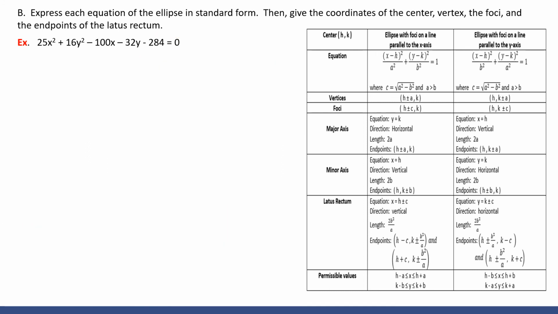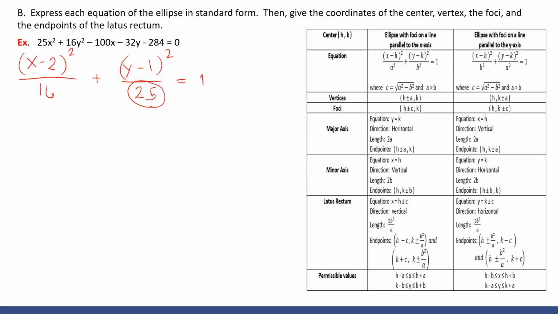From our equation na nakuha kanina, sabi natin, it is x minus 2 quantity squared all over 16, and then plus y minus 1 quantity squared all over 25 is equal to 1. If you look at the given denominators, 16 and 25, basically, 25, ito.